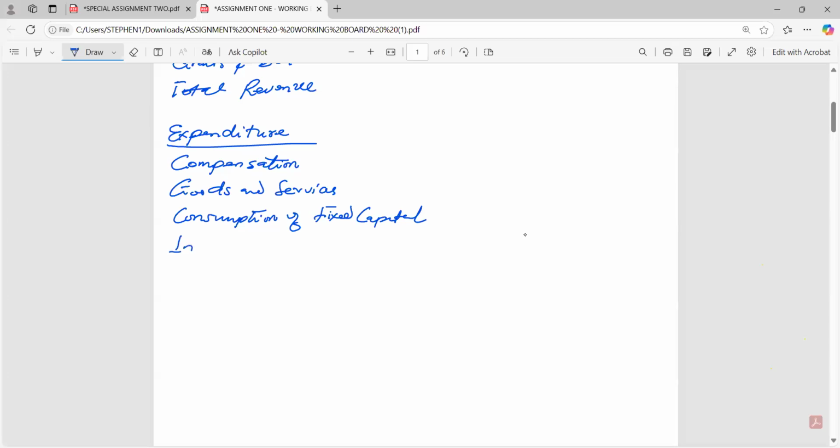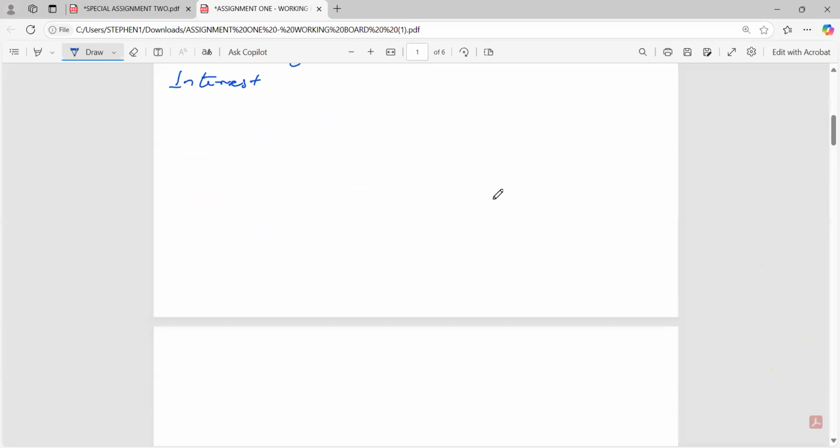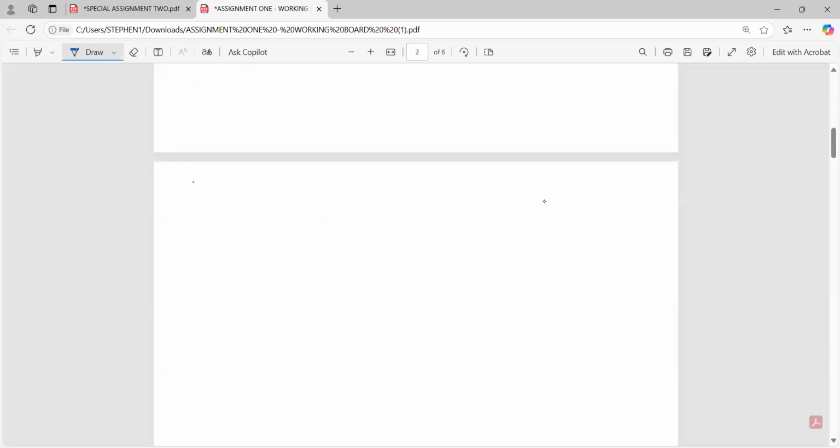We have interest. We have other ones. Subsidies and the rest. As and when we encounter them, we write them. So don't conclude it yet. Good. When you finish, go to the B.